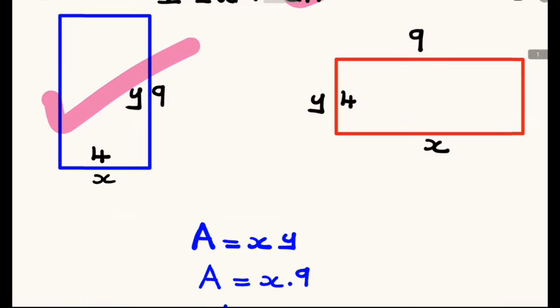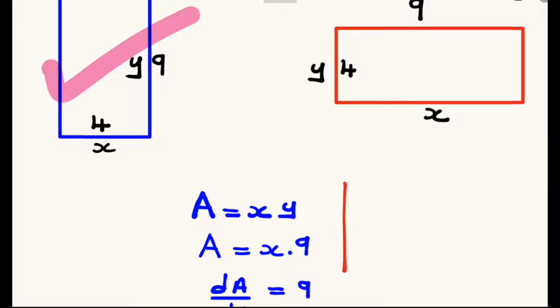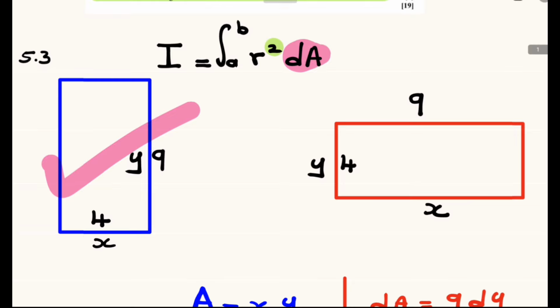But before that, if we chose the longest side as being horizontal, if we chose the red area, then the area element was going to be equal 9 multiplied by dy, and we were going to integrate with respect to y and not x, and we'll still get the same answer. So we copy and paste our formula.